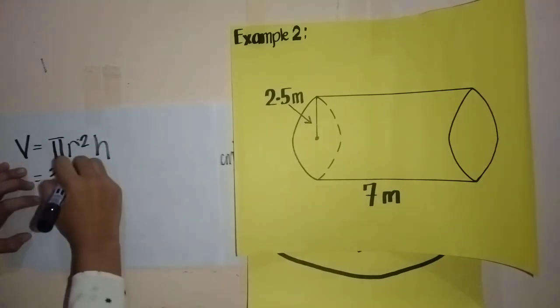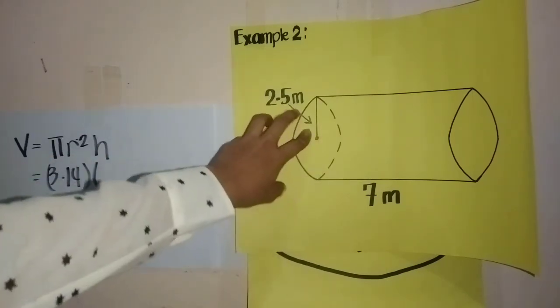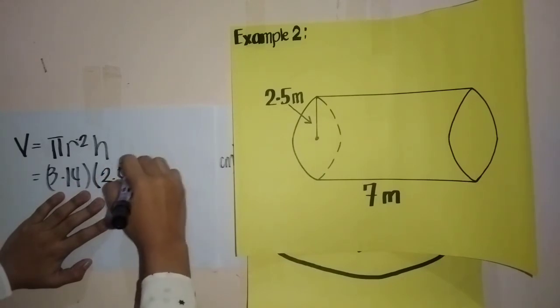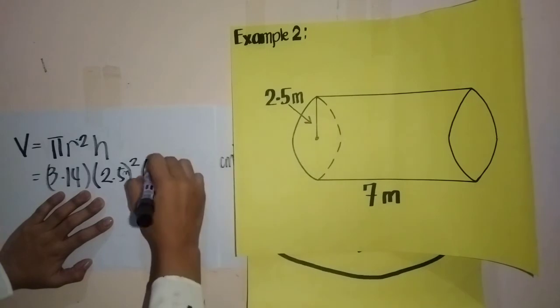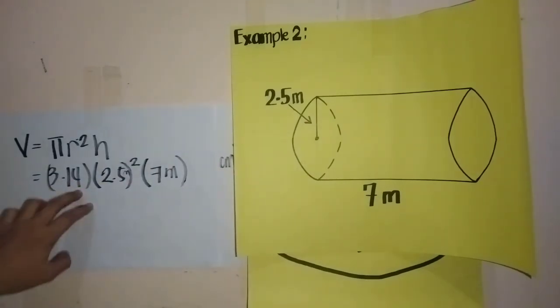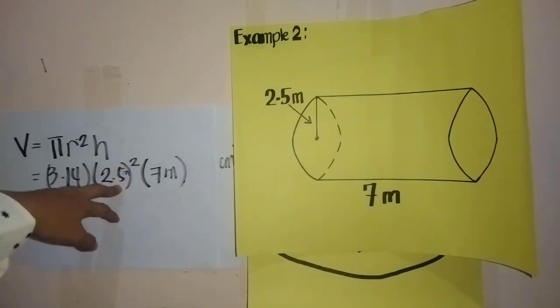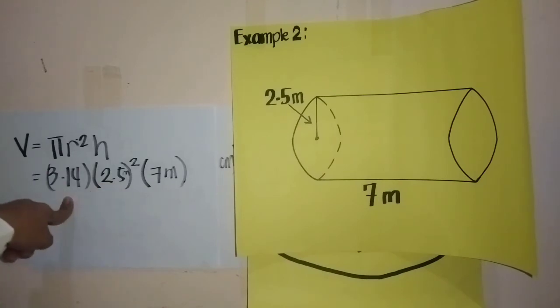So 3.14, and we have the radius 2.5 meters squared times height 7. So 3.14 times 2.5 squared, and 2.5 squared is equal to 6.25. So 6.25 times 3.14 is equal to 19.63.